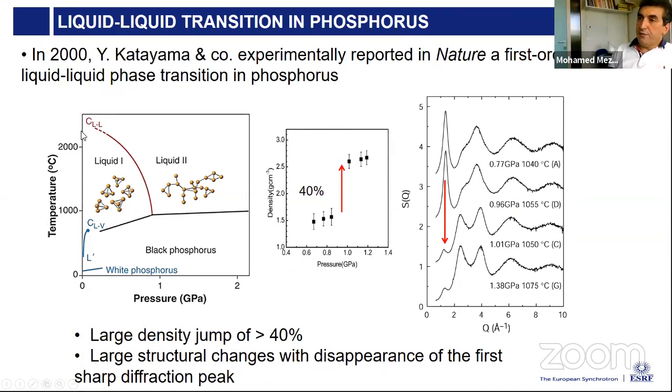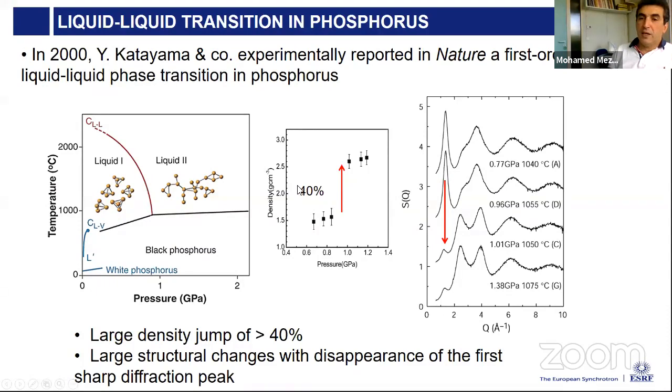What they saw is a first order phase transition between two structurally different liquids, as you can see here, a molecular liquid and a sort of polymeric liquid, with a transition line, a coexistence line, similar to the one that you can see, for example, in water, where you could observe a variation of about 40% in volume. So this is a strongly first order phase transition.